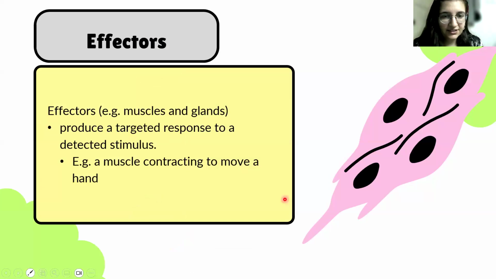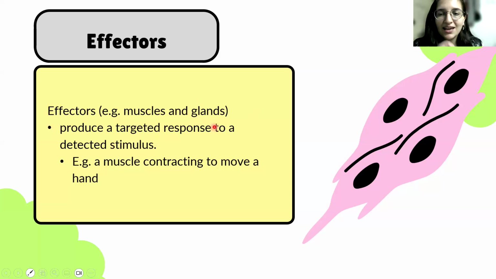Okay, and effectors, again, are specialized cells that actually respond. So muscles, they contract and they relax, so they know how to respond. If you're not in danger and everything is okay, there will still be some form of response. For example, when you relax, that's also a kind of response, your muscles relax.